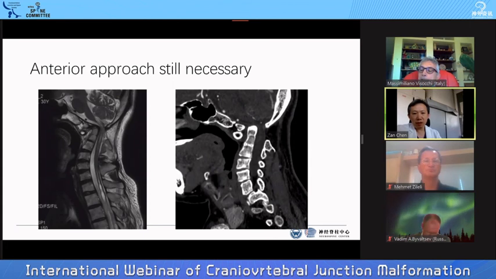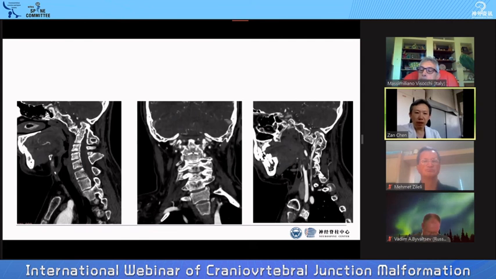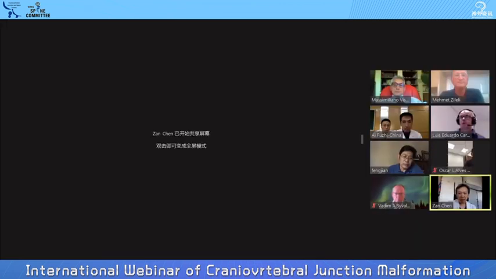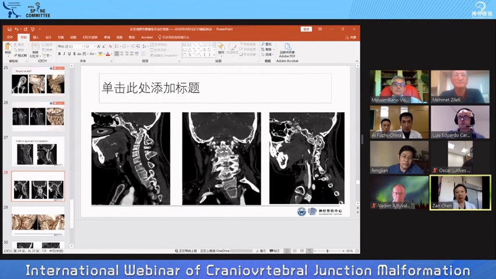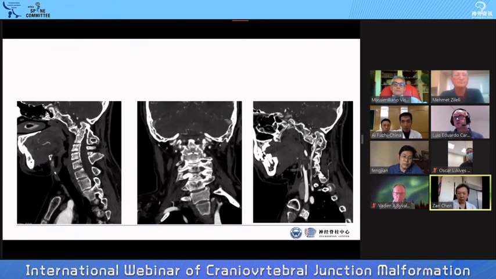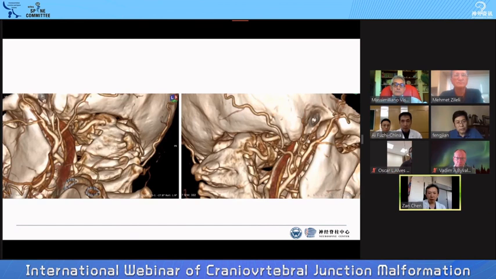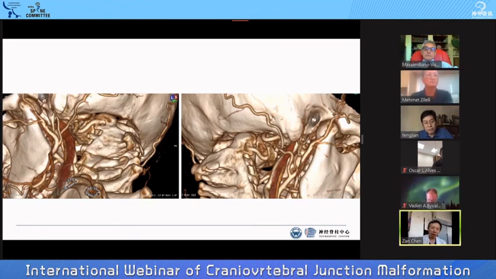In this patient, it's a C1-C2 dislocation. But studying the CT scan, I found that his C1 lateral mass had slid anteriorly. From the 3D CT scan, we can see that from a posterior approach, I can hardly get into the facet joint.